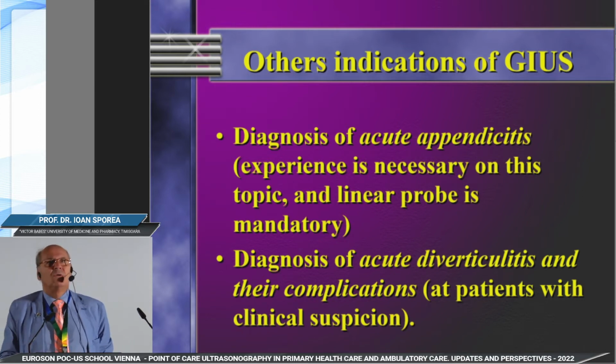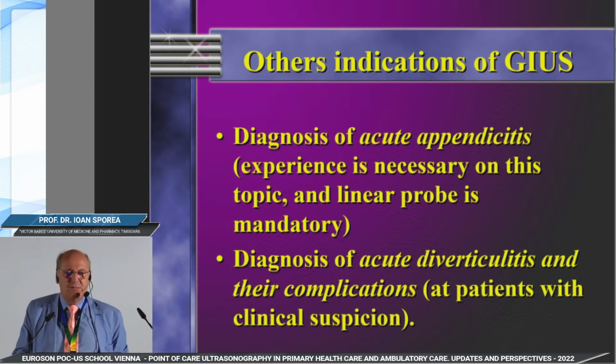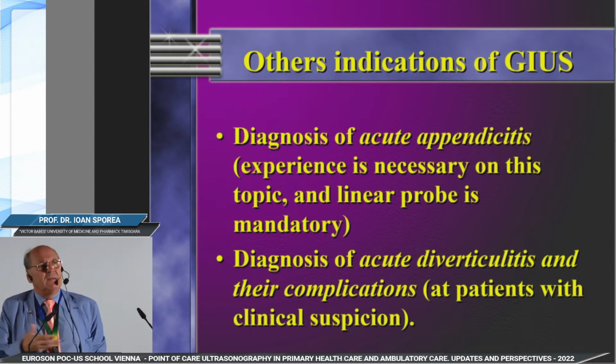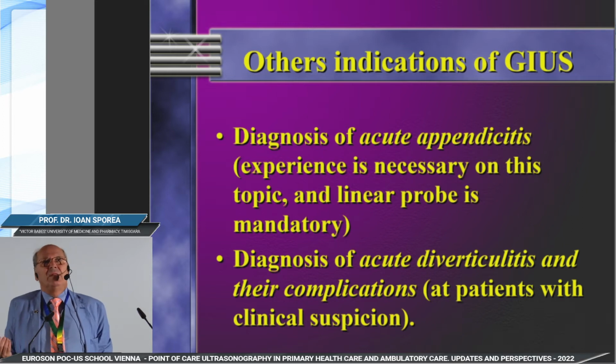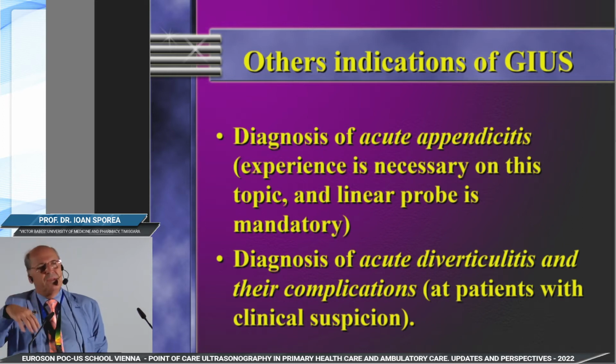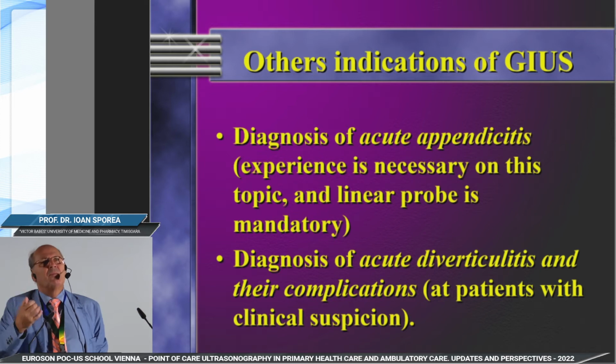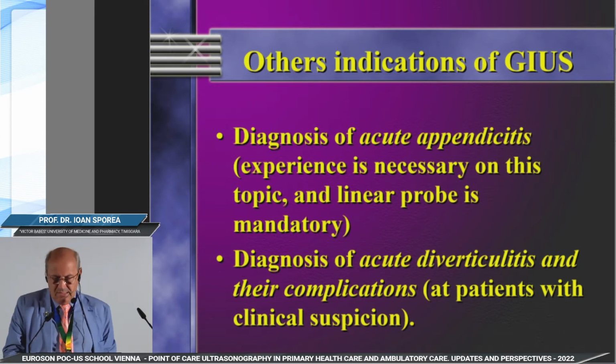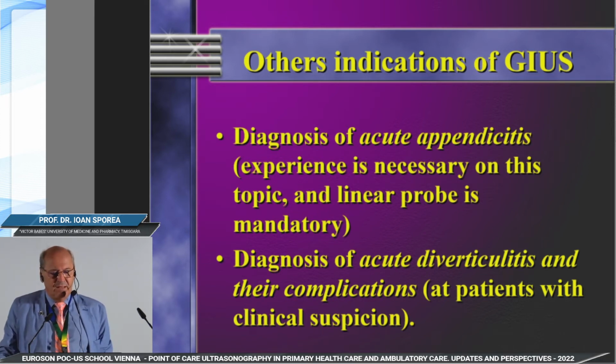Okay, the other diagnosis that is very good for emergency examination is acute diverticulitis. I say to you that acute diverticulitis is like appendicitis, but on the left. The patient has this symptom, pain on the left, exactly in the left fossa, and then it's very simple because we consider the leukocytosis and other findings, and we put the probe exactly where the pain is, or where the patient says, I feel pain there, and we can have such an image.